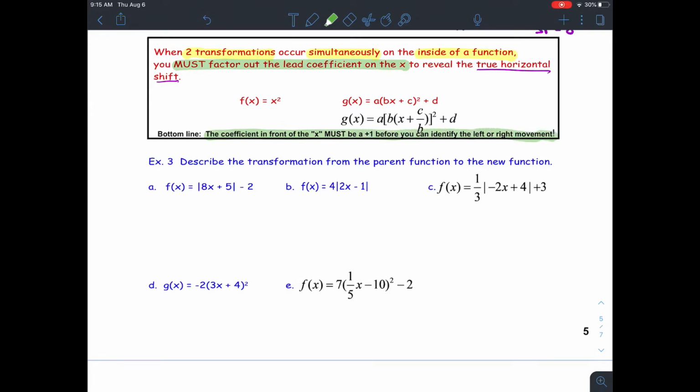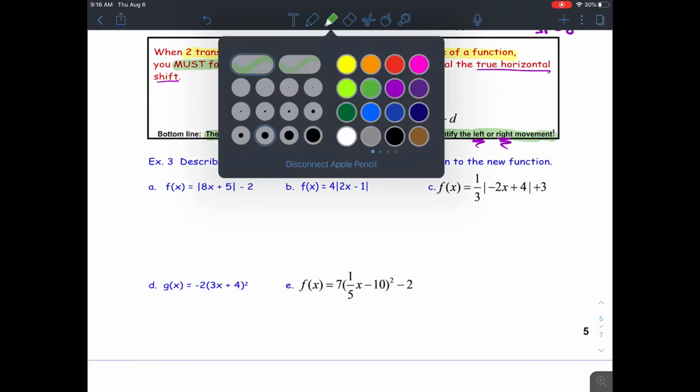In other words, the coefficient in front of your x has to be a +1 before you can identify how many units it's moving left or right.